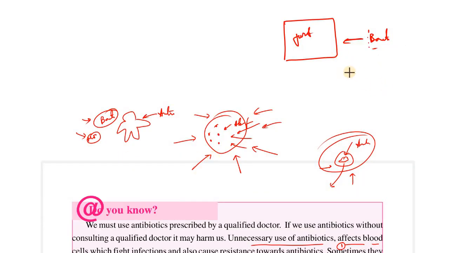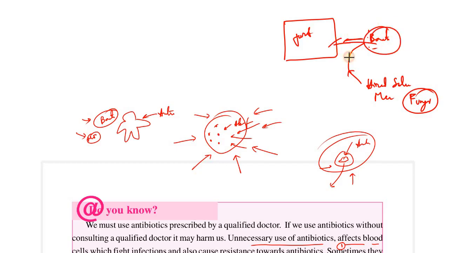Now we have called in hired mercenaries. We have paid money to some soldiers. They are hired soldiers, so they are the mercenaries. This is the antibiotic against the bacteria. We are using tablets. We call them, they come and fight with these bacteria, but the bacteria have already invaded our body.